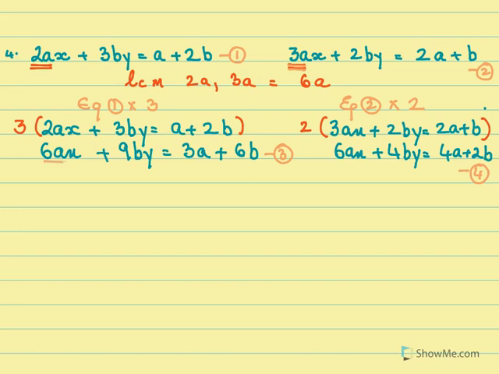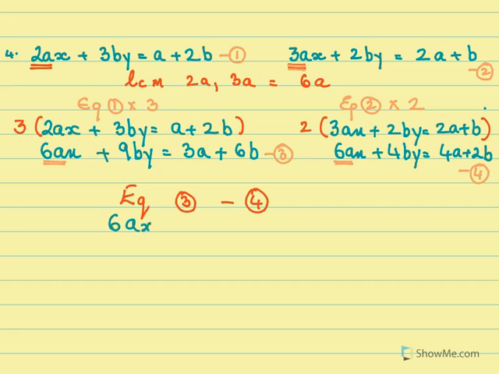Now both my coefficients I've made equal. The x coefficient is 6a and here the x coefficient is also 6a. So my equations are ready to be subtracted. So equation 3 minus equation 4.